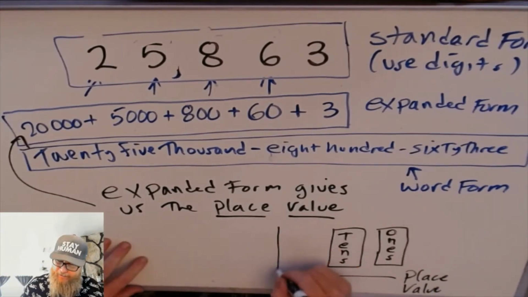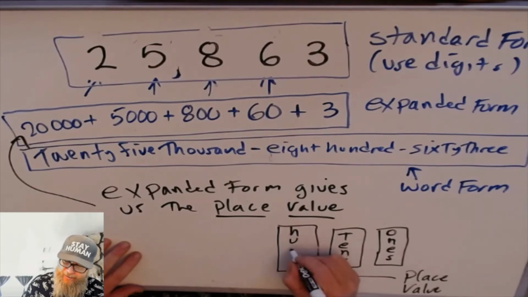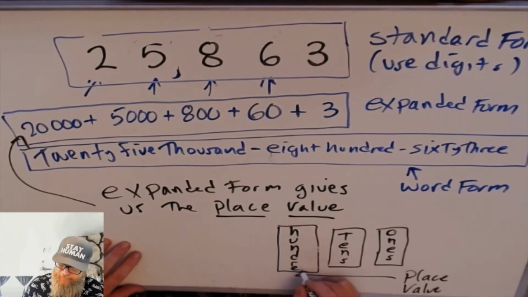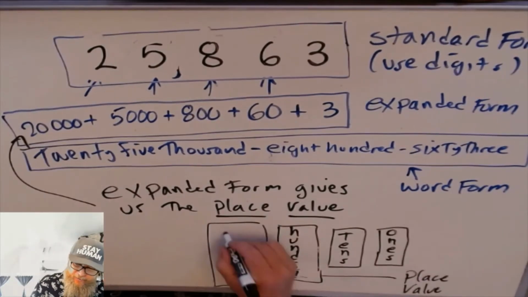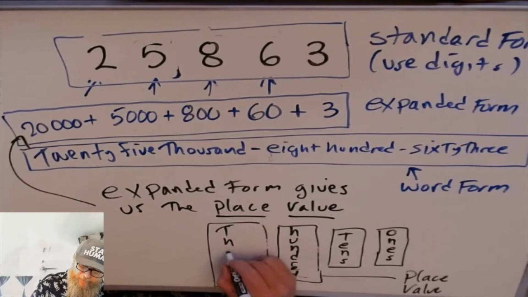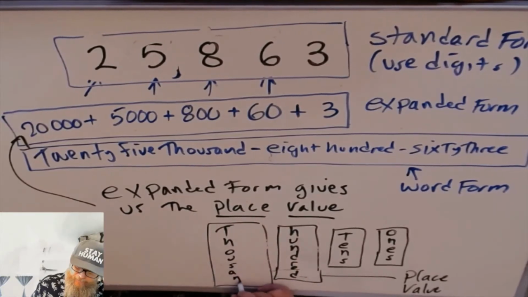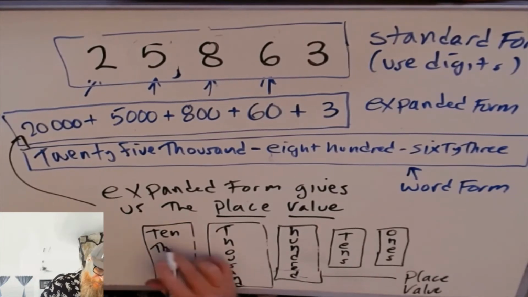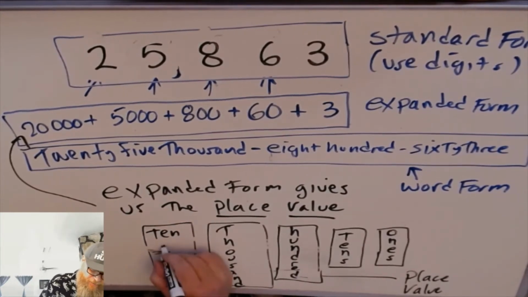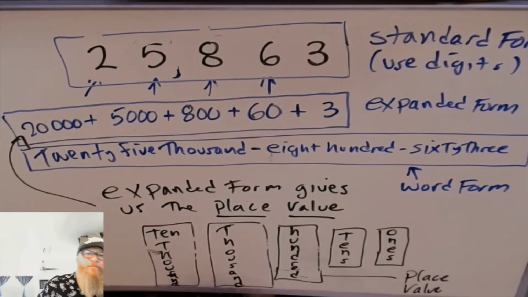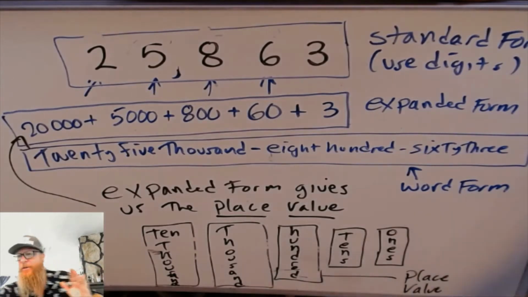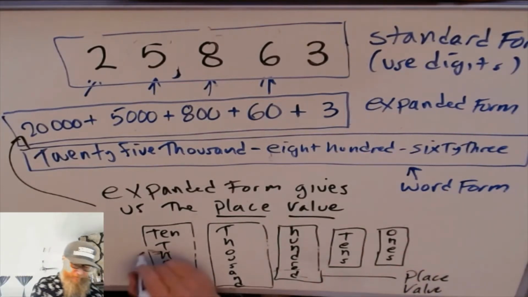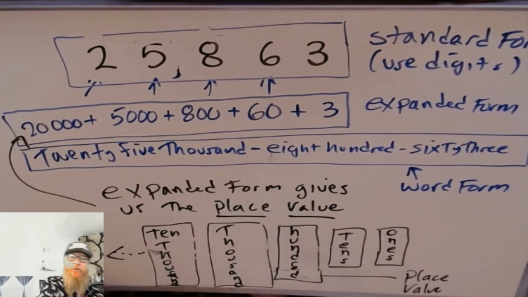So we have the ones, the tens, the hundreds, and then thousands, and so on and so forth, 10,000. I'm trying to write in these tiny little boxes. And so on as we go along, moving towards the left.